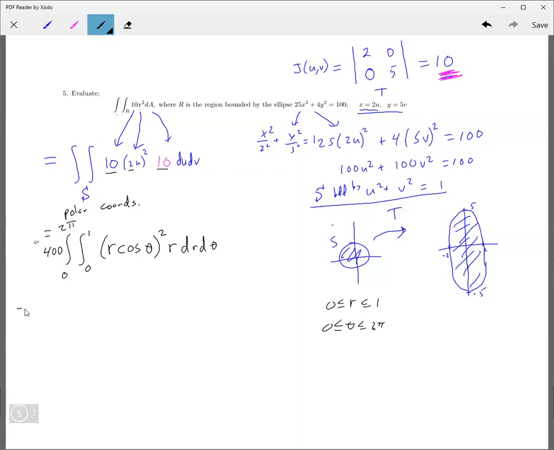Hold on. Okay, so I decided I want to borrow this 4 here for a minute. Because this is r cubed, and then we have cosine squared theta, dr d theta. And this becomes r to the 4th from 0 to 1.